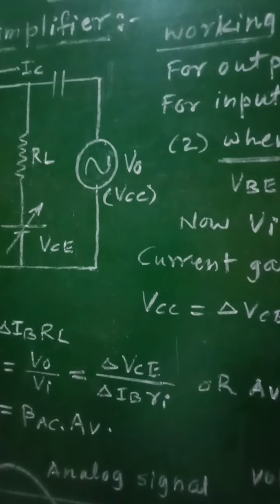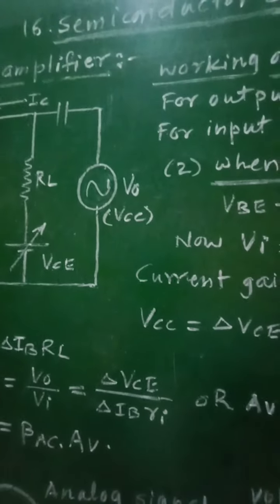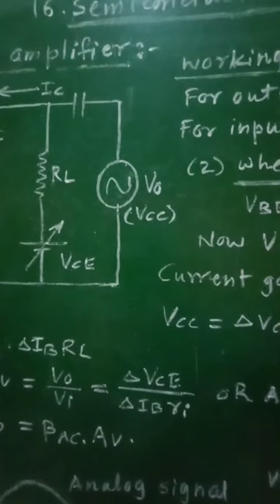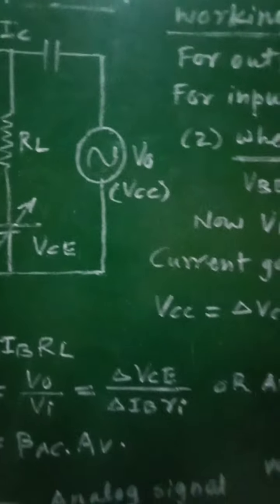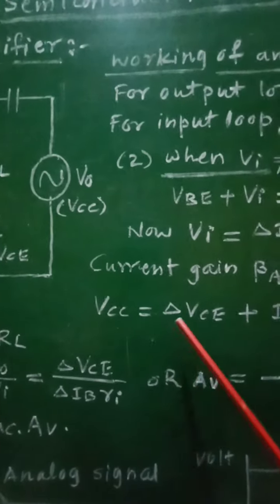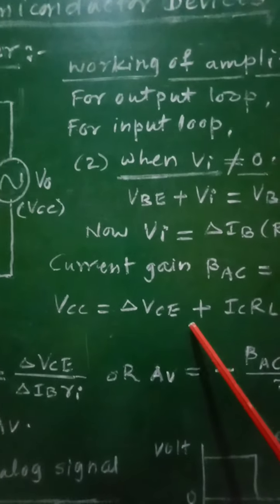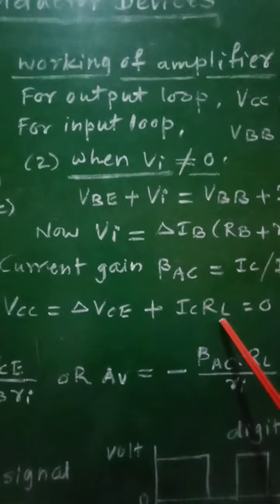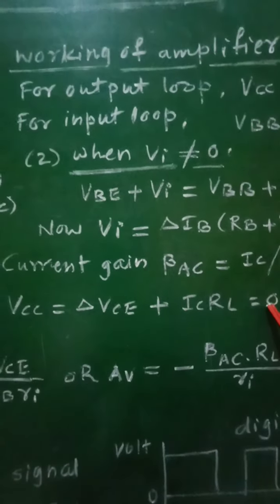Variation in the base current will cause variation in the output voltage, and therefore we can write, for the output voltage, Vce plus IcRL is equal to 0.